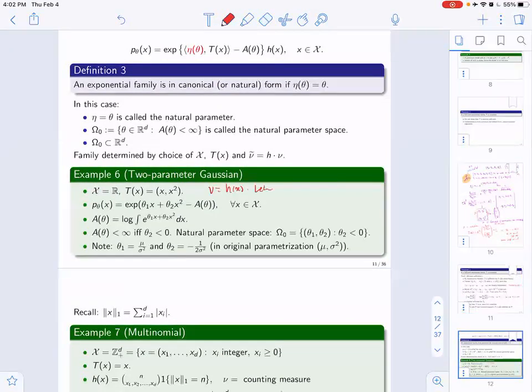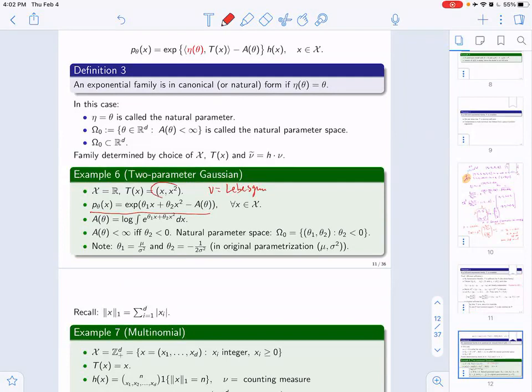H could be 1 or something like that. Then for the canonical exponential family, let's say we just use the Lebesgue measure. So I fix nu as the Lebesgue measure.